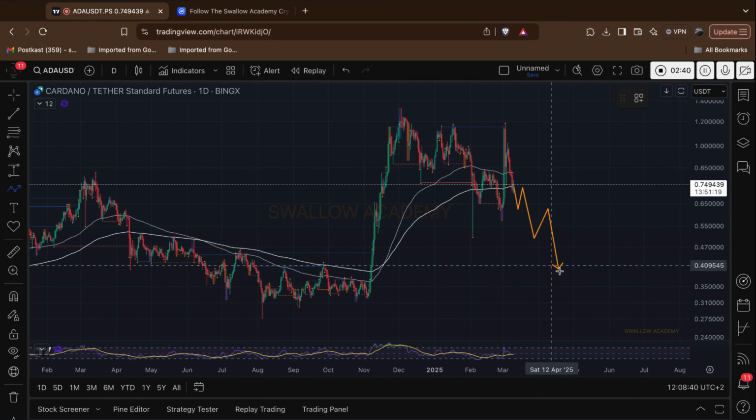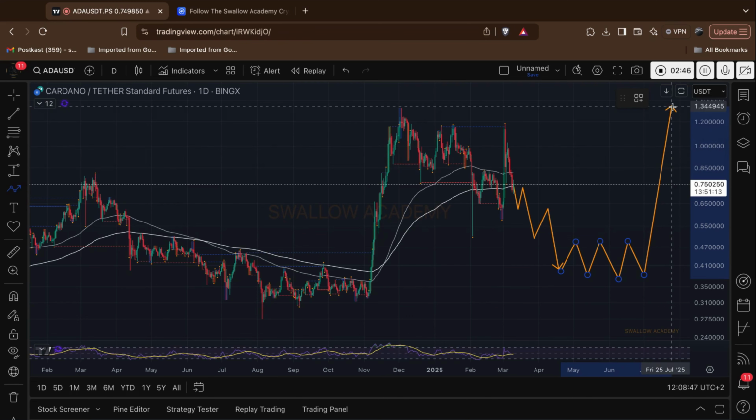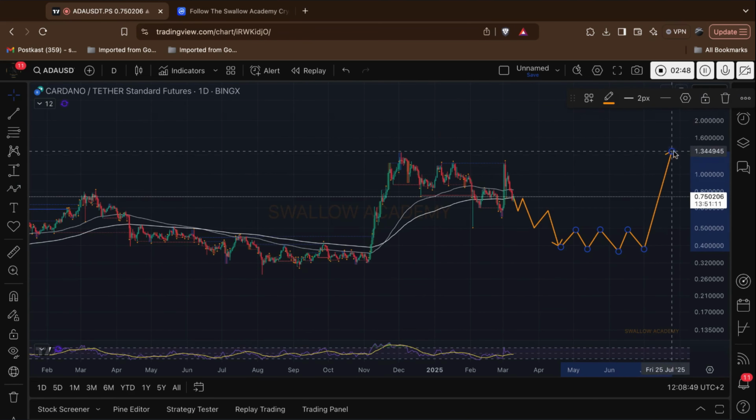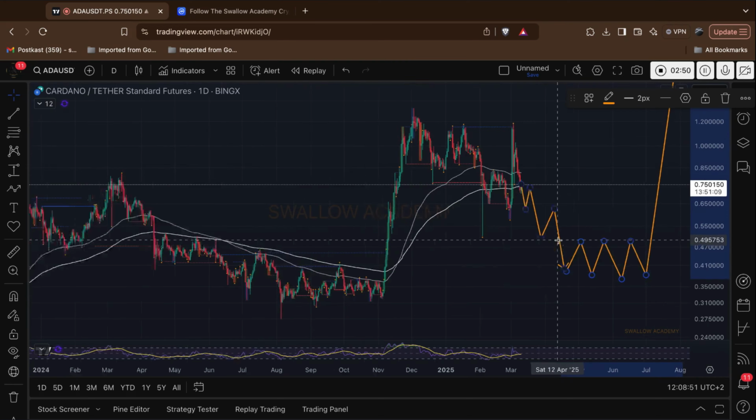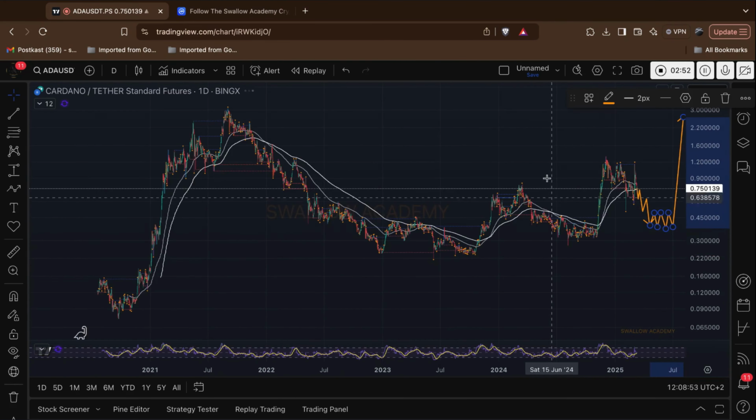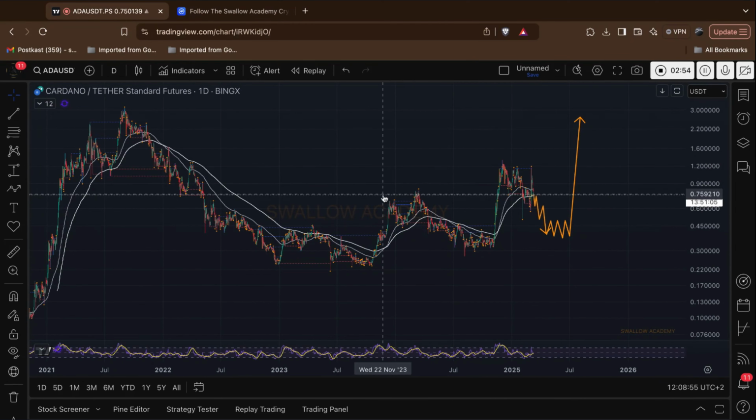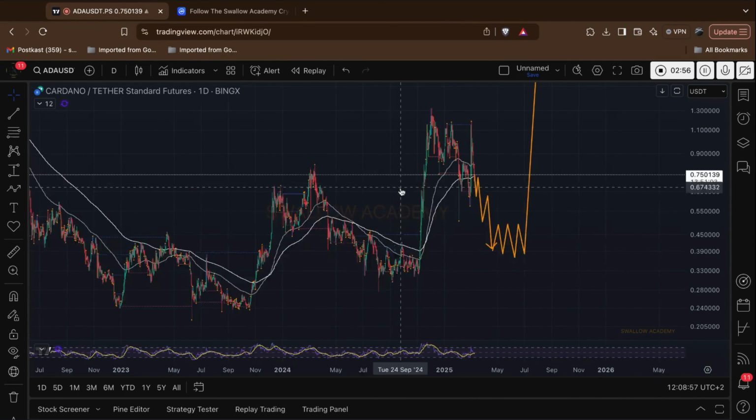And once we see here, we might see some kind of sideways movement and again another explosive movement to the upper zones, possibly forming a new all-time high, who knows. But this would be the most logical movement for us.